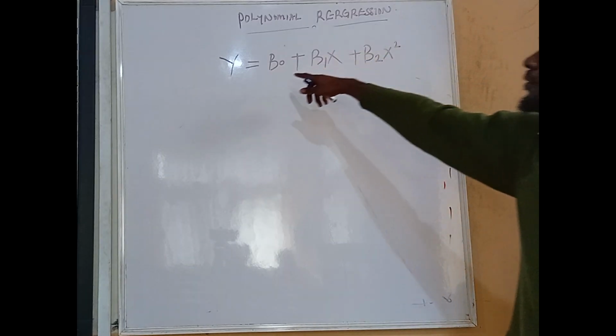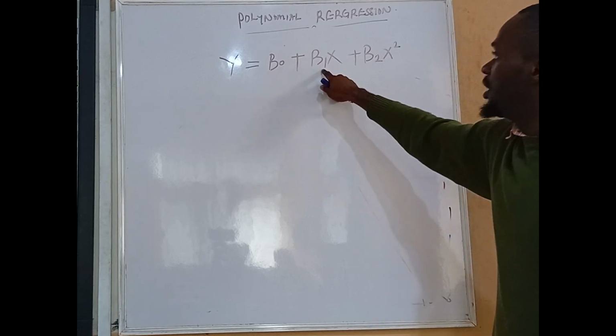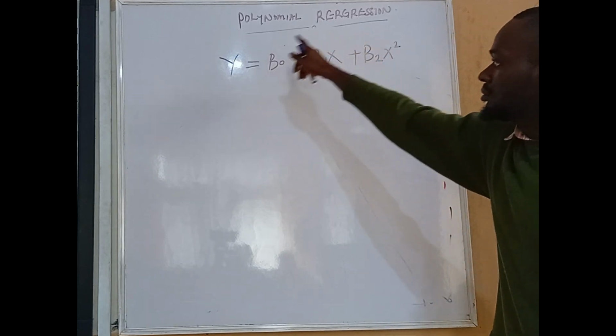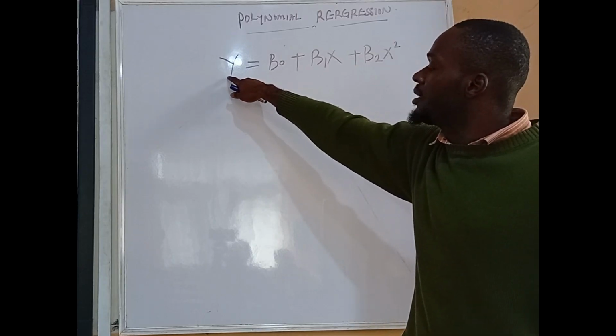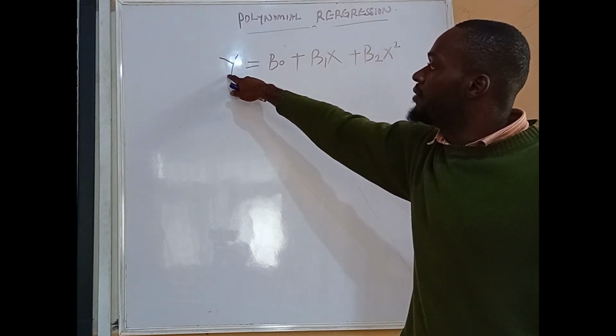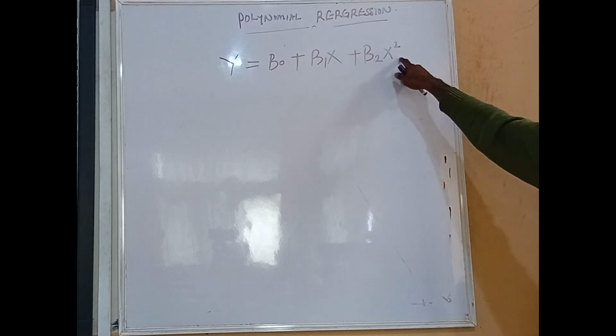It's saying that if you know b naught, b1 and b2 for a particular operation, you'll be able to estimate any dependent variable given the independent variable.